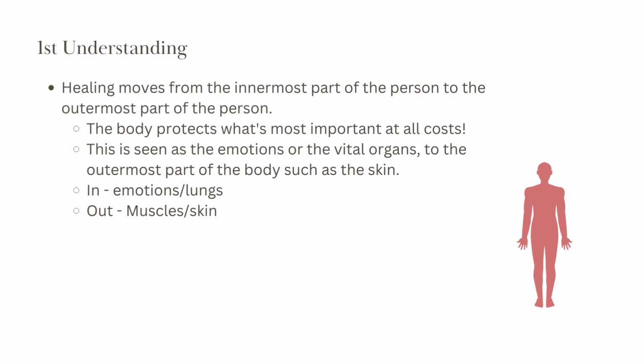So if you see a disease on the skin, you want to be grateful that it's on the skin and it's not in the body. So in would be emotions, or like the lungs. When someone is sick and has a deep lung thing going on, you can tell the body's trying to push it outwards, right? That's the path of cure. It's the direction out. Out would be muscles or skin. So those are more superficial. That's the first understanding.